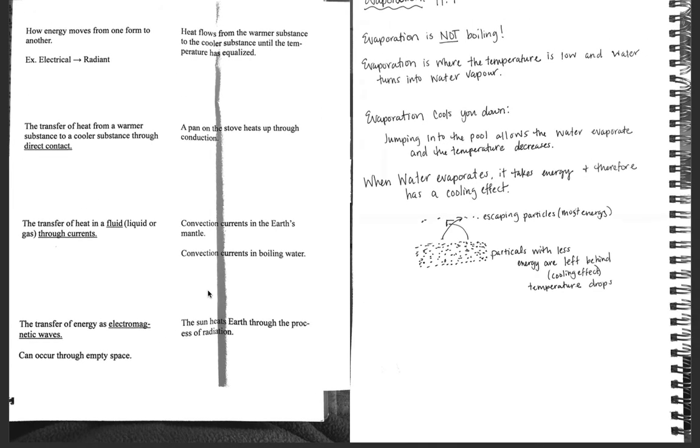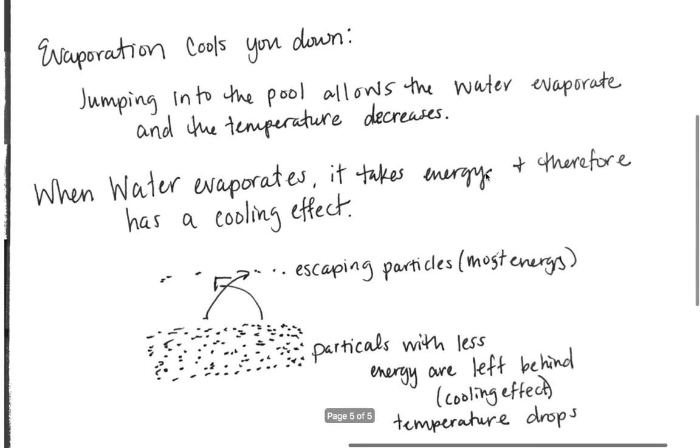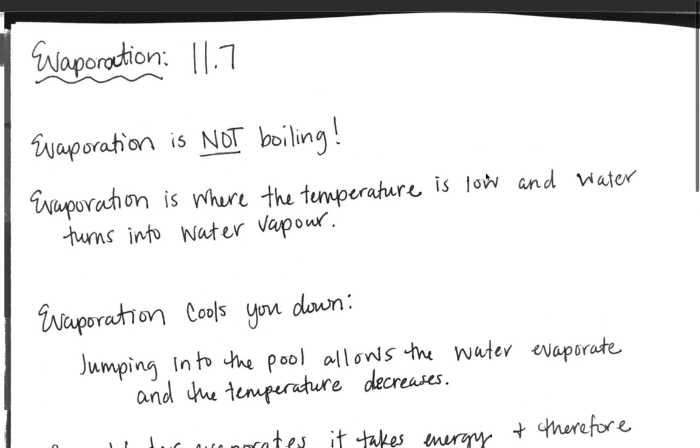And now we're going to move on to evaporation, which you're probably thinking, how is evaporation a transfer of heat? We kind of always envision the water molecules coming off the grass, and we just don't associate it with cooling.